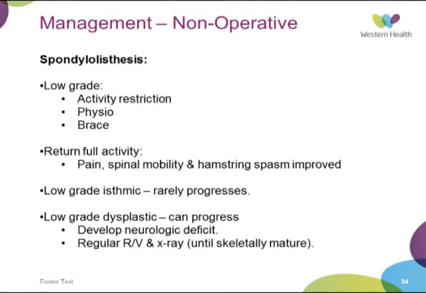With low-grade spondylolisthesis, again, non-operative management would be to restrict activity with then physiotherapy and maybe a brace as well. And again, the aim is full activity when pain resolves and there's more spinal mobility and the hamstring tightness has resolved or improved.